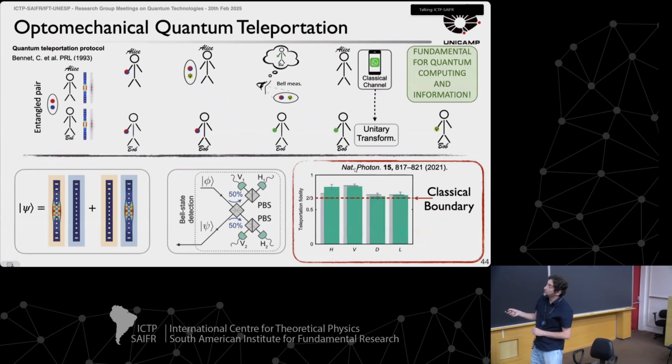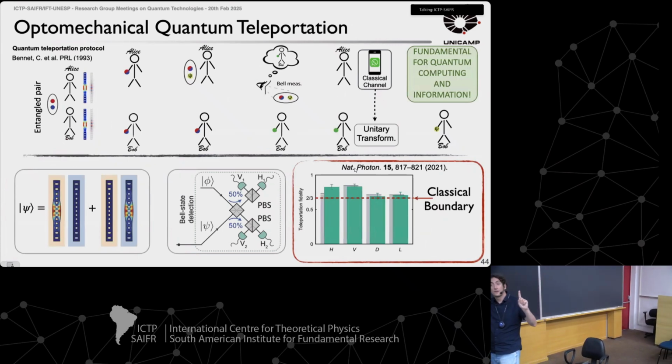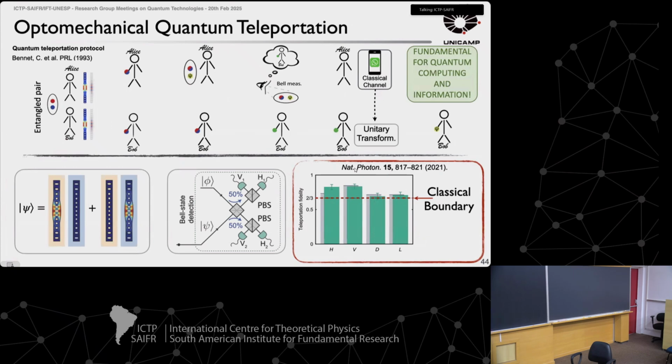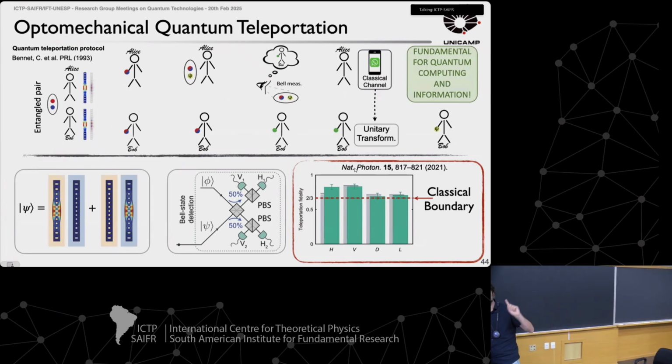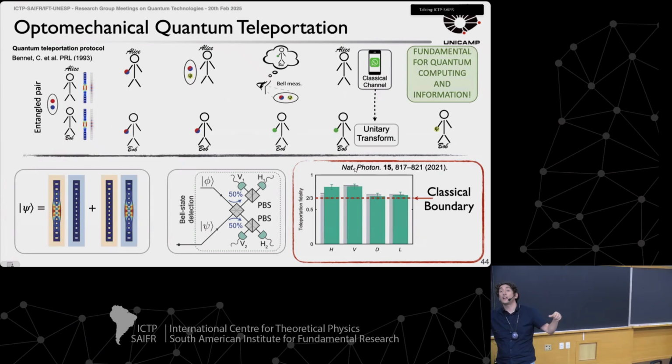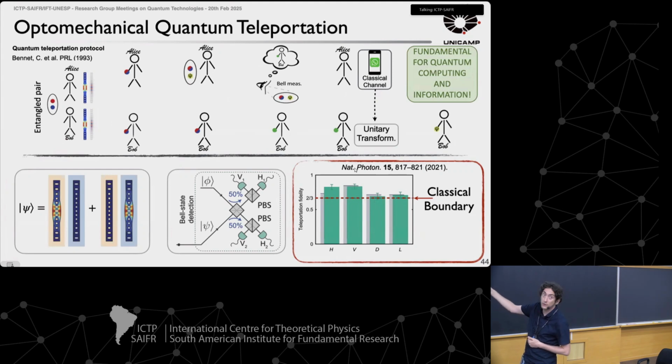You have two separate cavities, and you can shine a laser which goes either to cavity A or cavity B, and you create a phonon state, and they are entangled. And then you can have your Alice and your Bob, who share an entangled state.